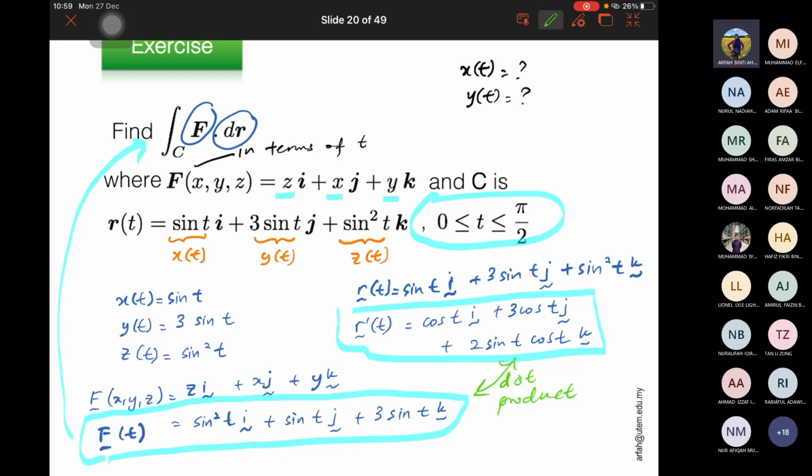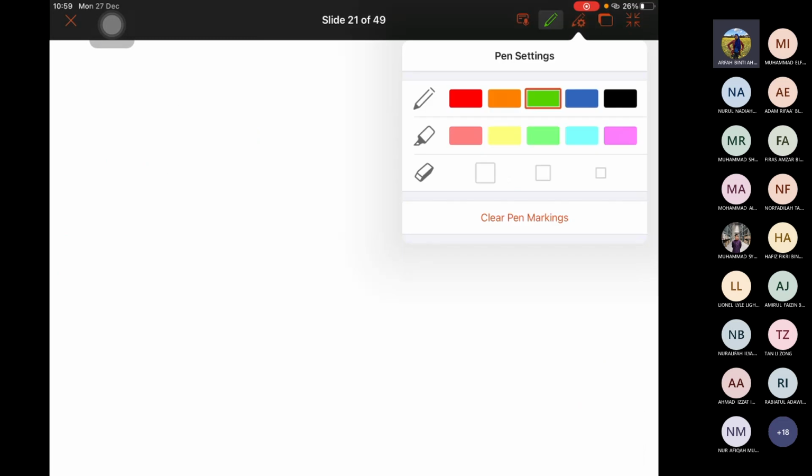Okay, done. So kita cuba dapatkan, so saya tulis balik dekat next slide. Vector F in terms of t akan dapat tadi sama dengan sin squared t i plus sin t j plus 3 sin t k.